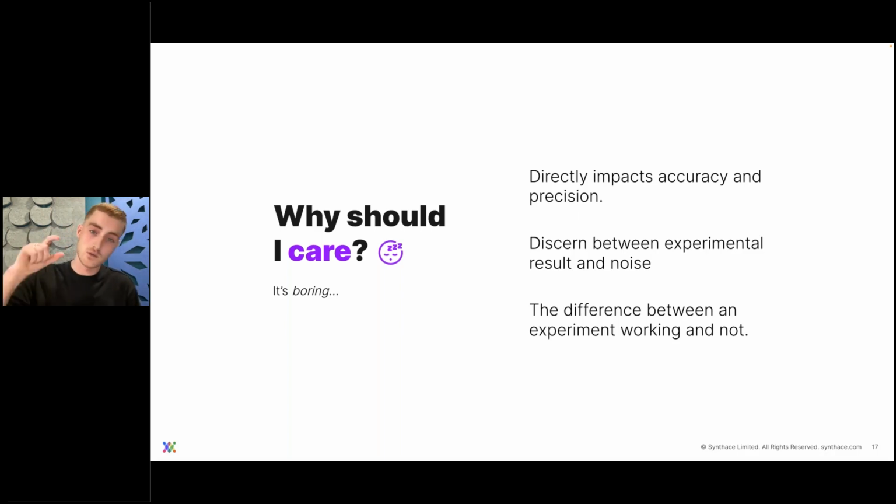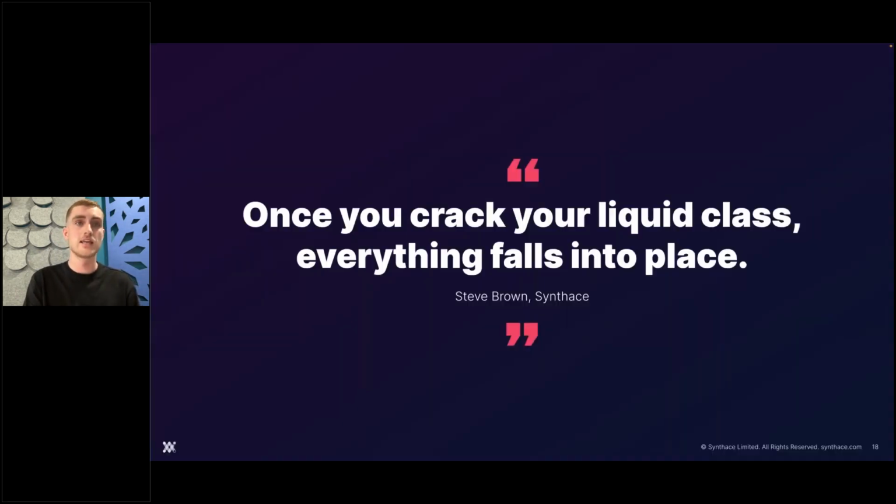And you'll ensure that your result is true and not just noise due to poor liquid handling. Ultimately, it's the difference between your experiment working and not. And that gives us a great quote from Stephen Brown, who's going to be helping us out with some questions later: once you crack your liquid class, everything falls into place.